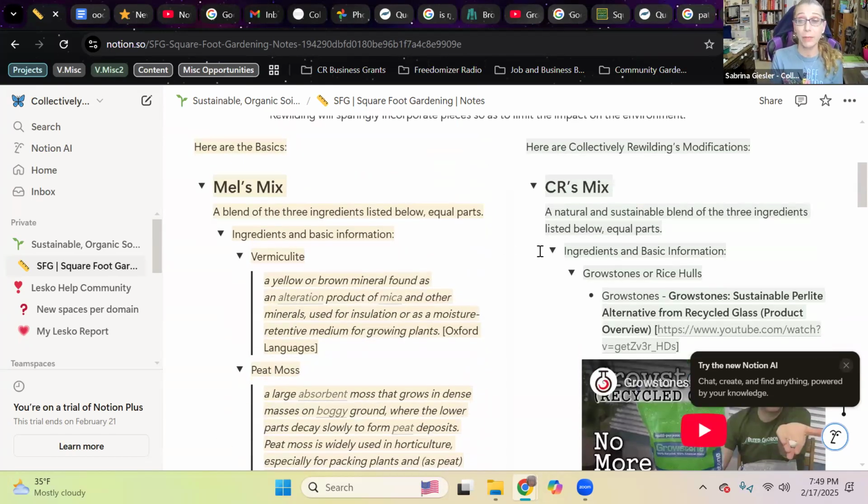A lot of that can be utilized in the garden. Rice hulls are an example of that, and they mimic the elements of vermiculite, the water retention, and the friability or looseness to the soil structure that vermiculite offers.